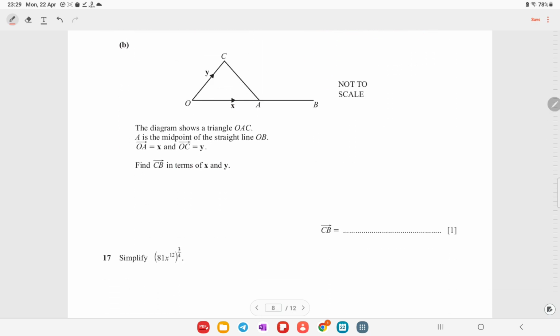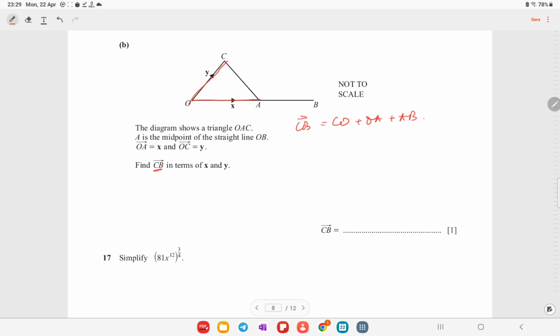Okay, this is a vector based question. The diagram shows a triangle OAC, where C is the midpoint of the straight line. OA is x, OC is y, and find CB in terms of x and y. You need to find out CB. For this, CB is basically CO plus OA plus AB.